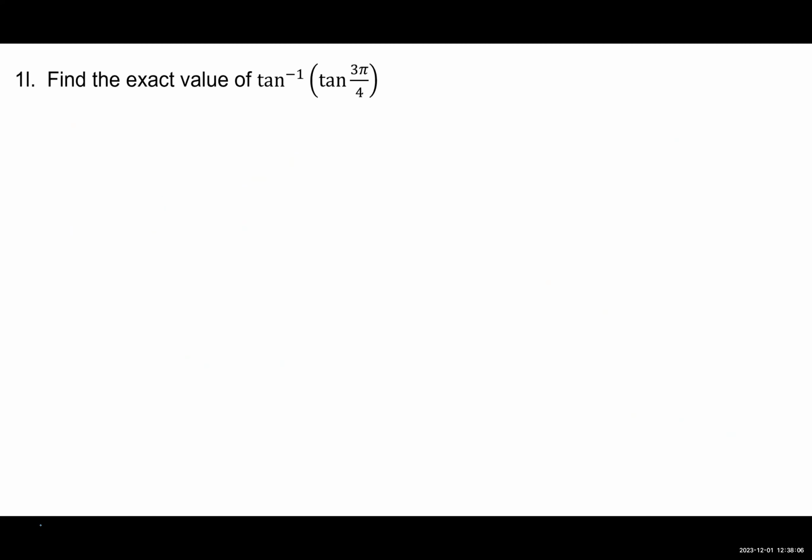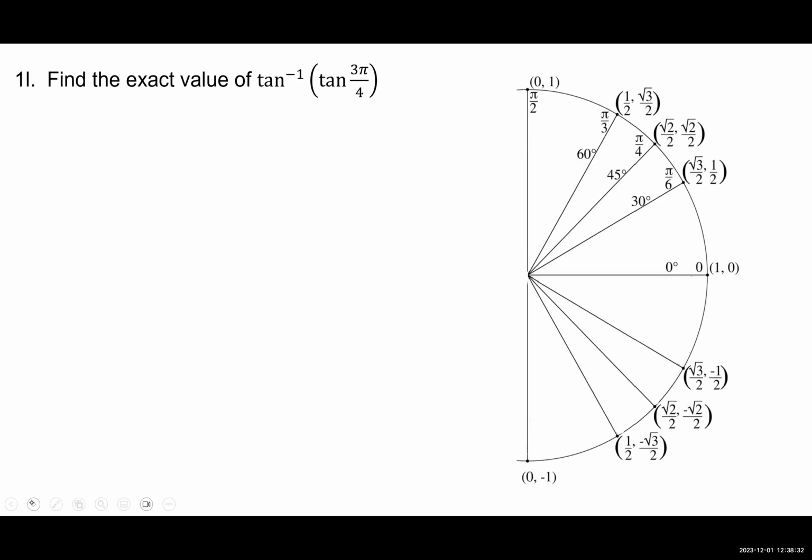All right, let's do one more. Find the exact value of the tangent inverse of the tangent of 3 pi over 4. Well, because we have the tangent inverse function, we know we need to go to the right side of the unit circle. 3 pi over 4 is over here, right?